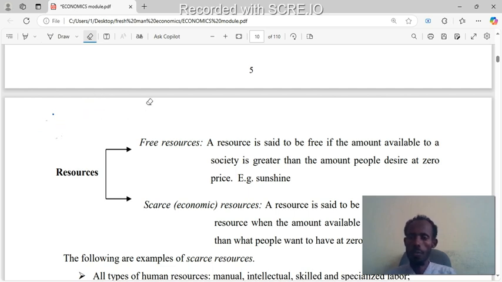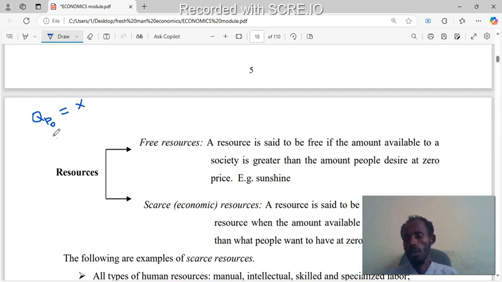Let's say Q of X at price equal to 0 is equal to X. Let me clarify this more mathematically.